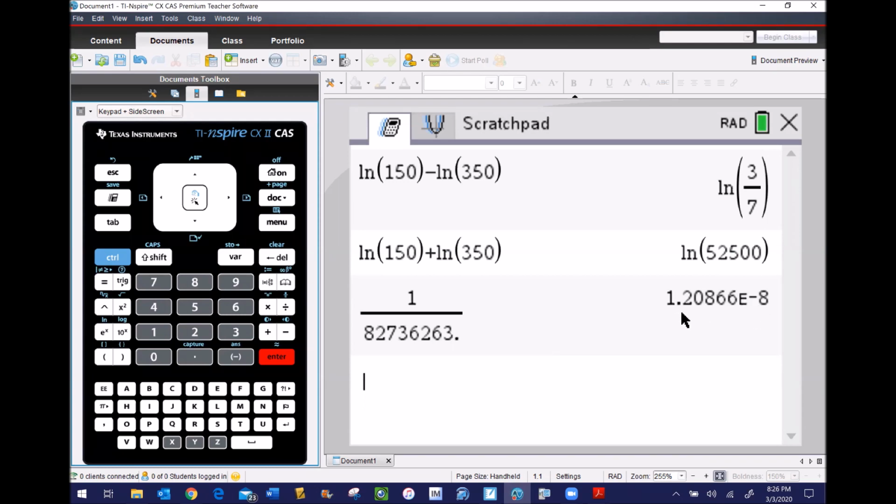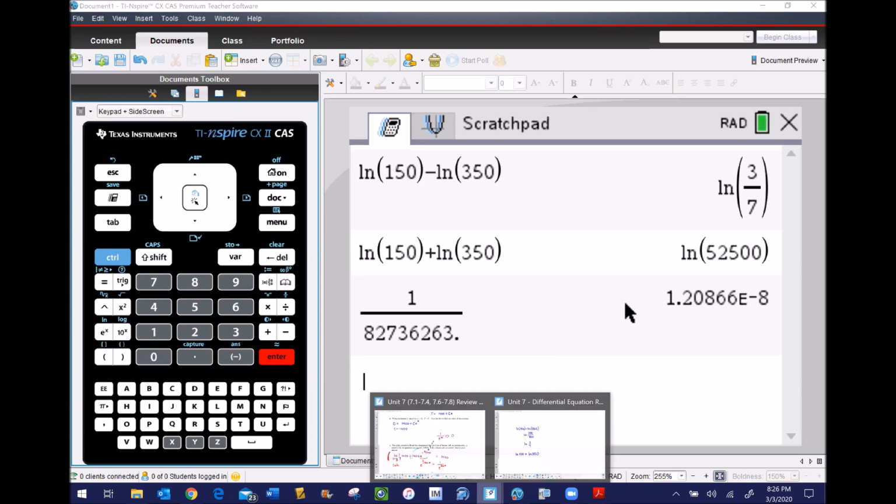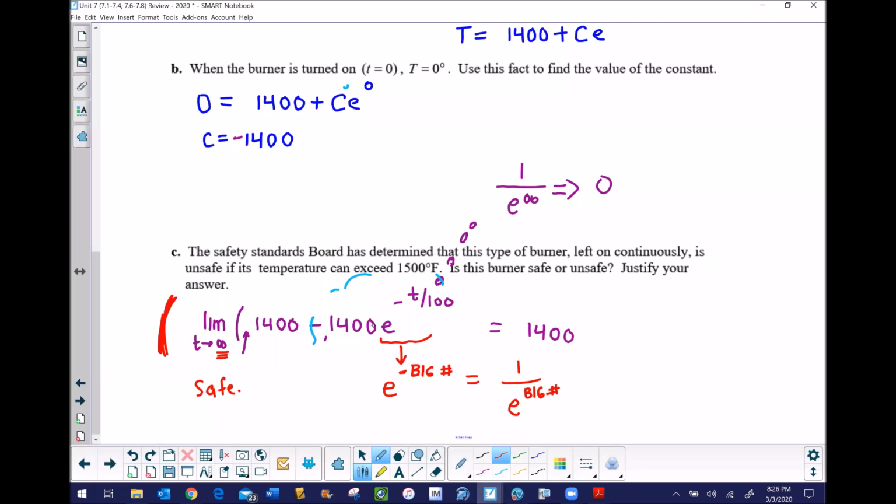So picture this decimal here moved over 8 times, which is going to produce, I believe, 7 zeros, right? So that's going to produce a number that's very small, close to 0. And then because of that, this whole thing here is going to equal 0. And that's going to wipe out the negative 1400 multiplied by 0, just leaving you with that. Okay, so hopefully, Sam, that makes sense.